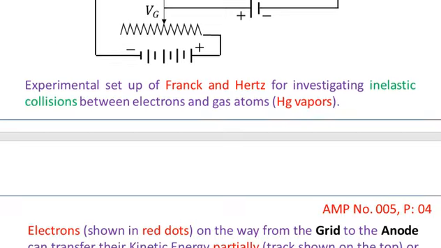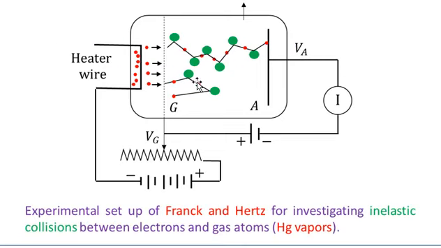So a significant amount of energy is imparted to the atoms, as shown in the bottom picture, where the electrons impart their significant amount of energy to the mercury atoms in terms of the discrete excitation of the mercury atoms, and then of course the electrons are left with an insignificant amount of energy and cannot travel further towards the plate A and are reflected back towards the grid G.